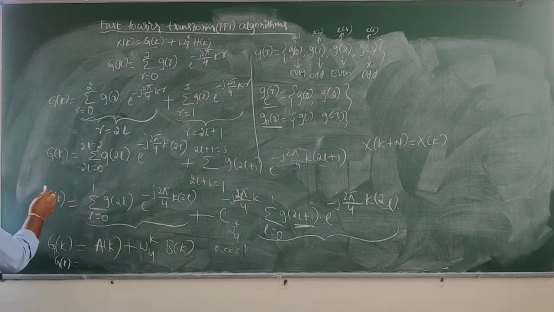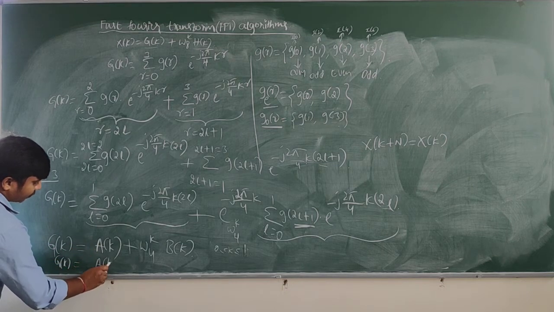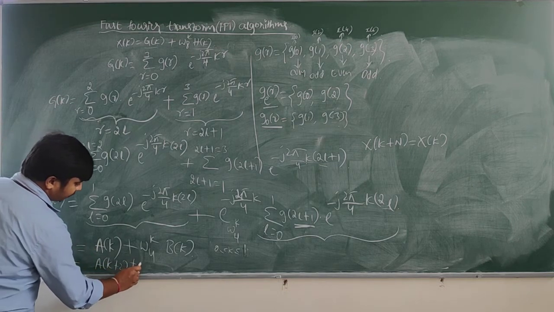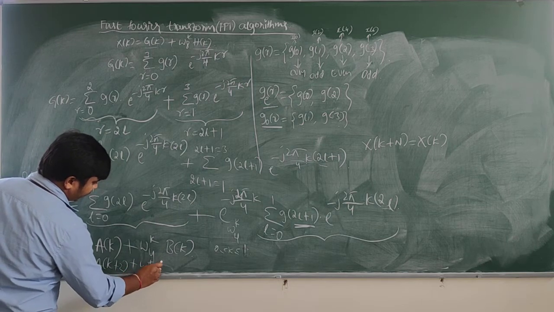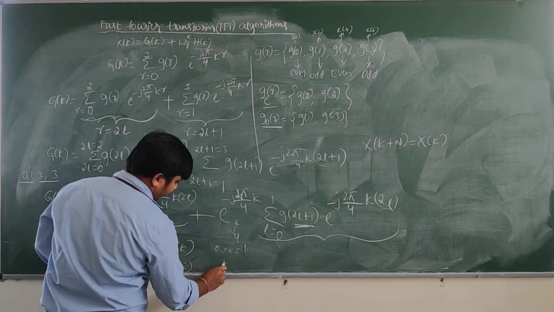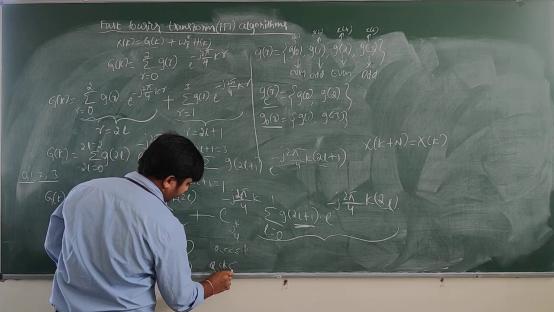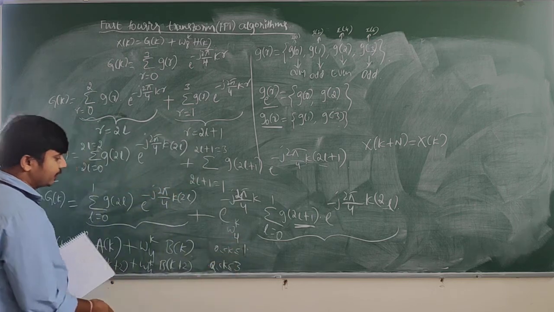The 4-point DFT means 0, 1, 2, 3. So this is the equation for 0 to 1. For 2 to 3 I need one more equation, so I need to shift this to k plus 2: A of k plus 2 plus w of 4 power k into b of k plus 2, for k varies from 2 to 3.